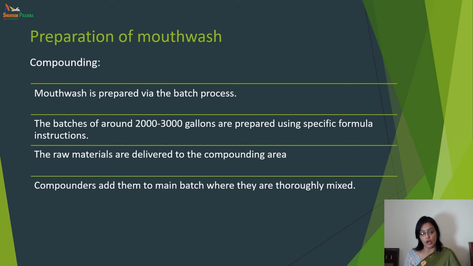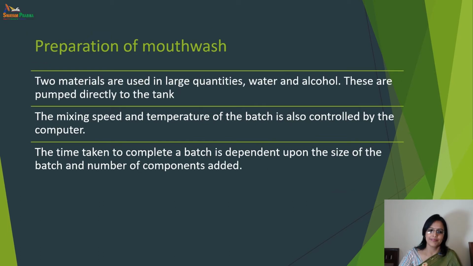Batches of around 2000 to 3000 gallons are prepared using the specific formula setup and instructions for the mouthwash preparation. The raw materials are delivered to the compounding area. This is the first thing. And then compounders add them to the main batch where they are thoroughly mixed.